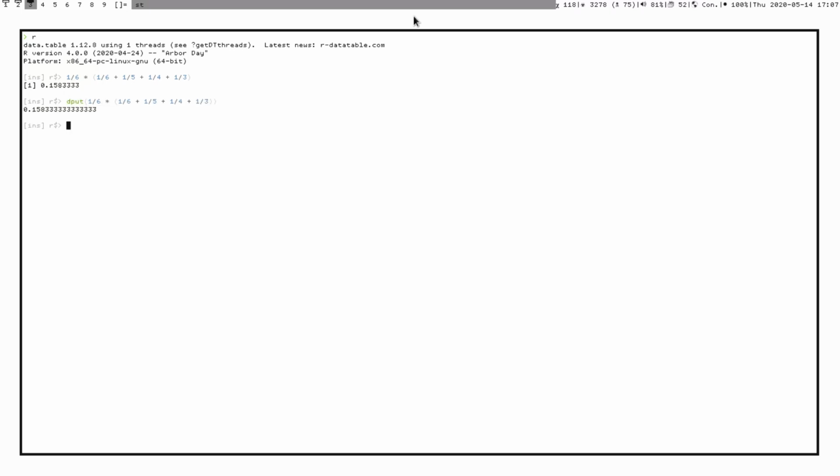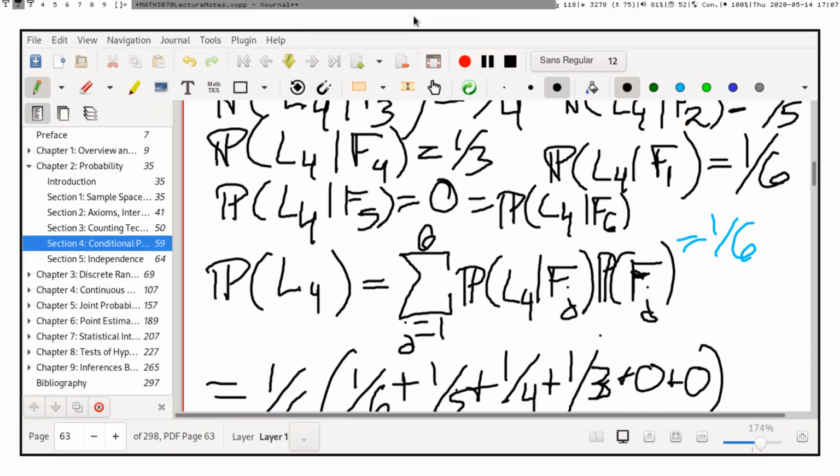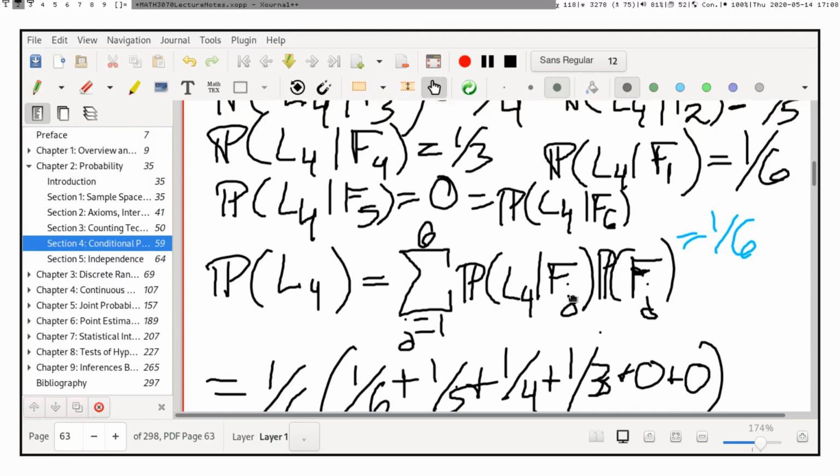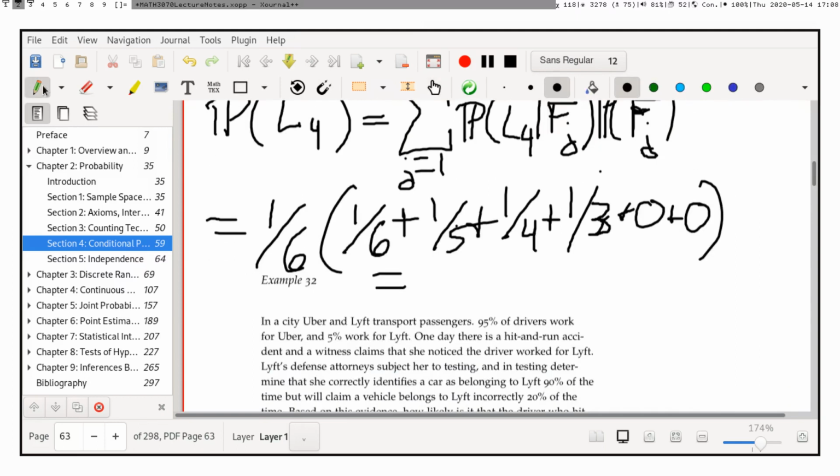Yeah, that is probably a repeating 3. So we're going to have 0.1583 repeating as our answer. All right, so that is going to be 0.158 and a repeating 3.